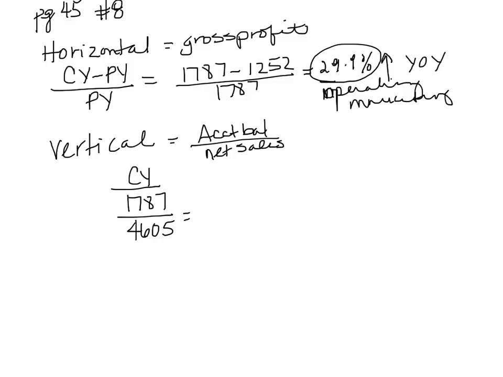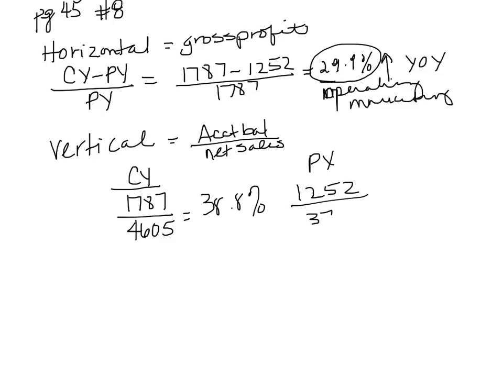If we do the math, 1787 divided by the current year net sales of 4605 gives us 38.8%.